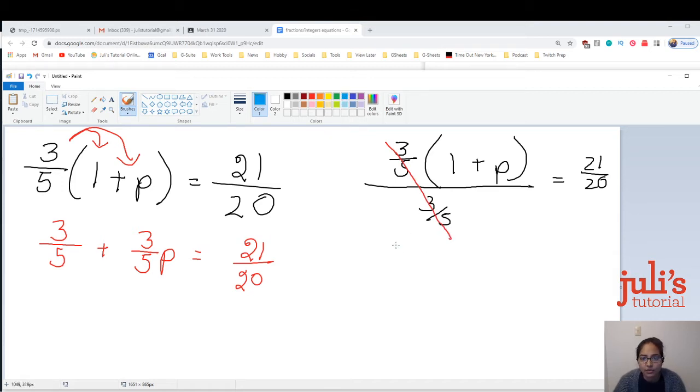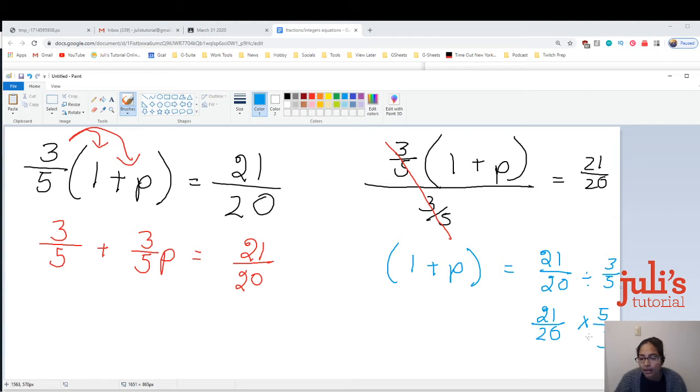Then you're left with 1 plus p equals 21 over 20 divided by 3 over 5. So which is basically 21 over 20. Keep, change, flip.